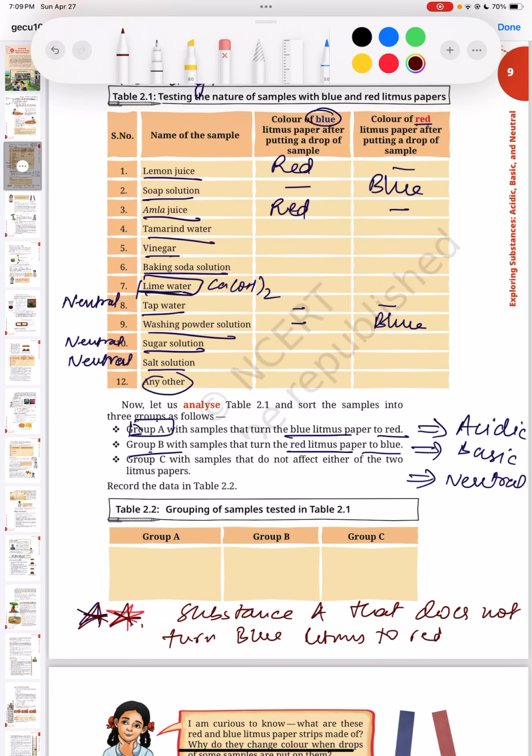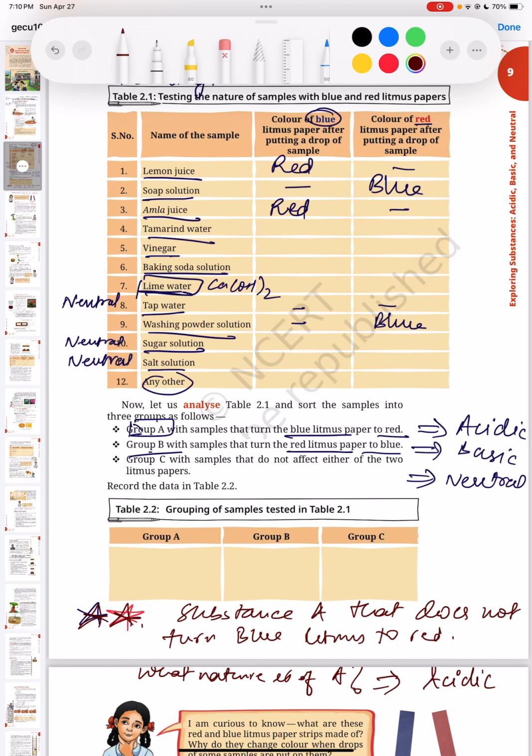What is the nature of A? Remember, if it did not turn blue litmus to red, do you think that substance A is acidic?